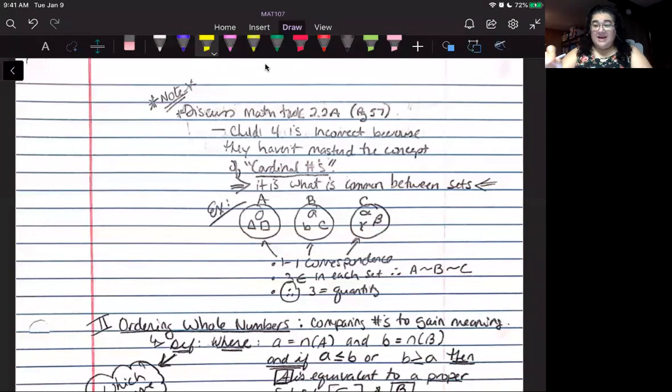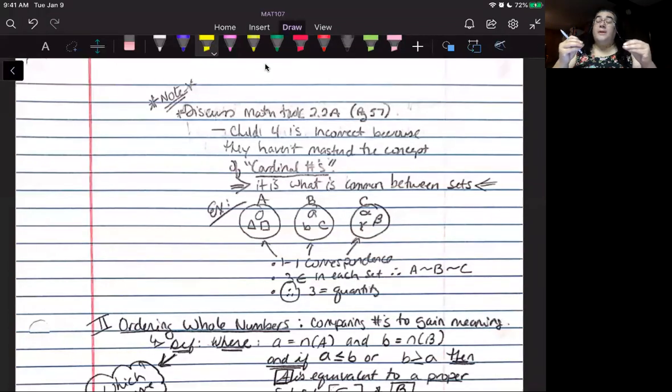They only pointed to that last block where they had named the number 3, because they didn't have a clear understanding of the concept of cardinal numbers. That cardinal numbers, or as we referred to them at the beginning, the number rather than the numeral.